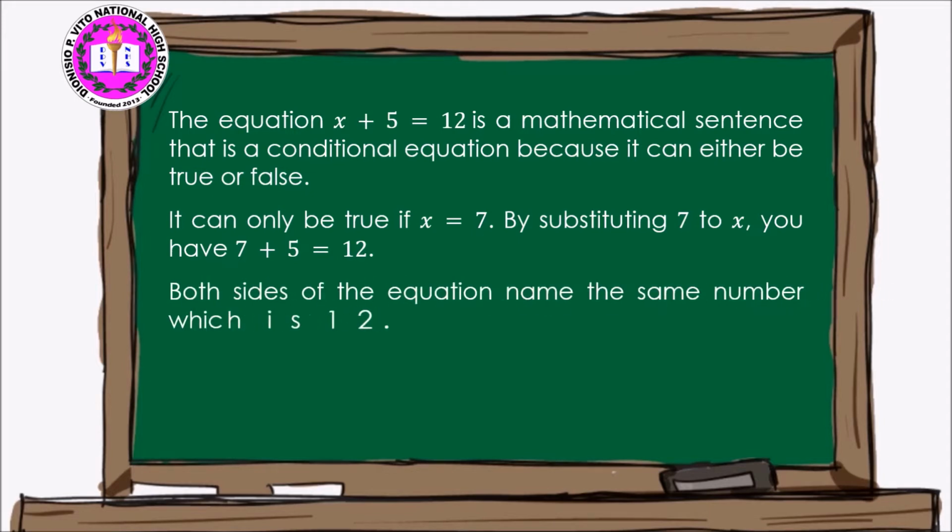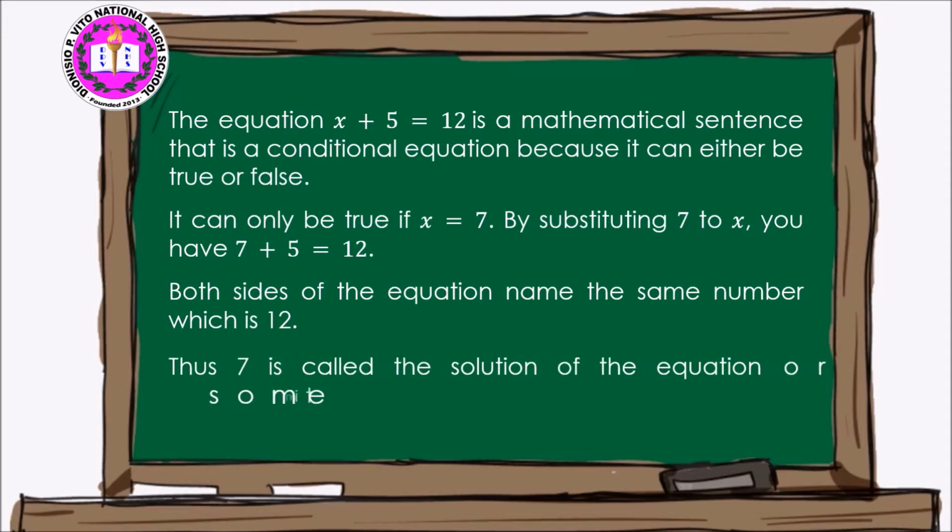Both sides of the equation name the same number, which is 12. Thus, 7 is called the solution of the equation, or sometimes it is called the root of the equation.